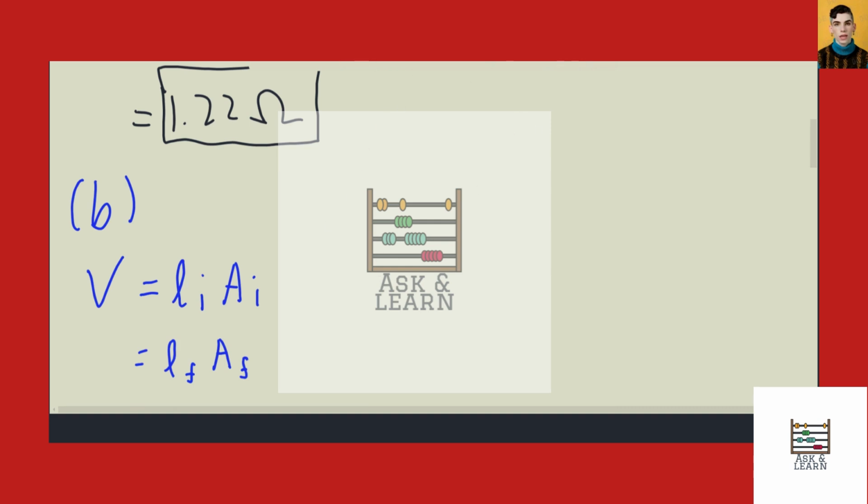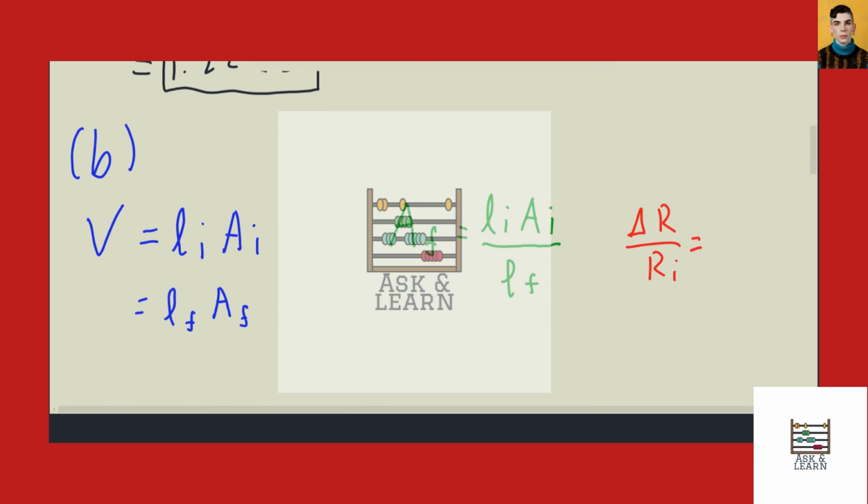So now we're going to write out the formula for the final area. So this is going to be equal to the initial length times the initial area divided by the final length. And we also know that the fractional change in resistance, we're going to call that the change in resistance divided by the initial resistance.